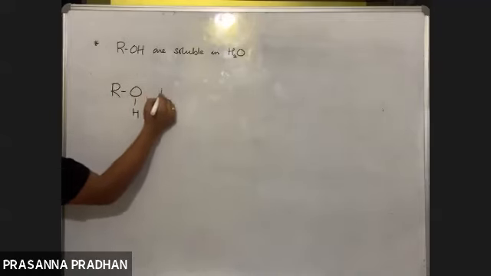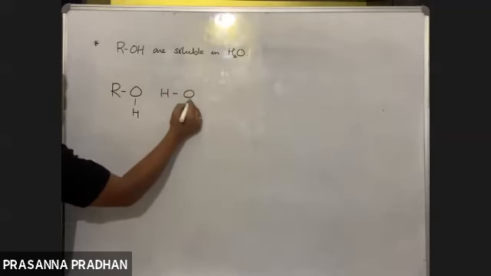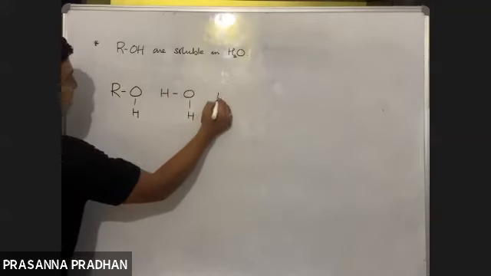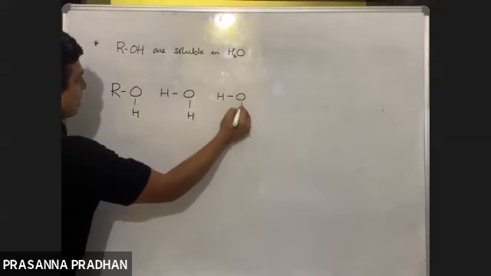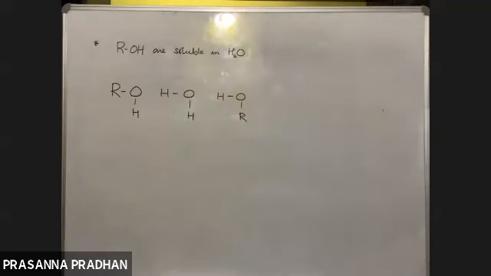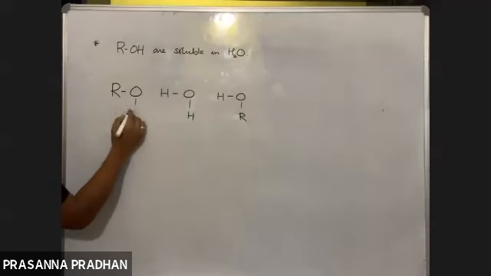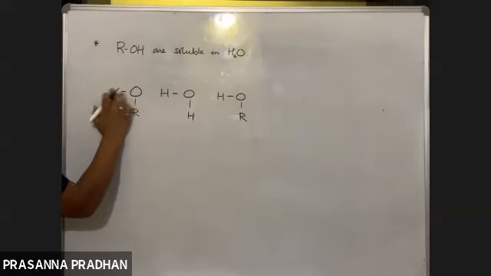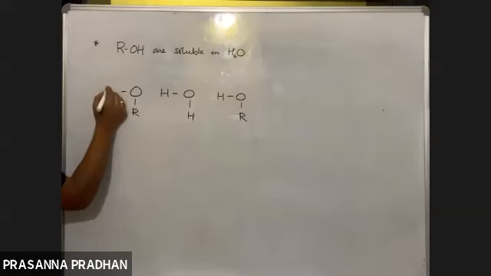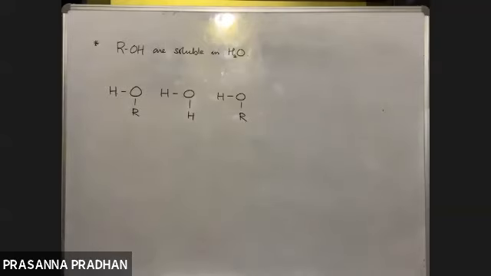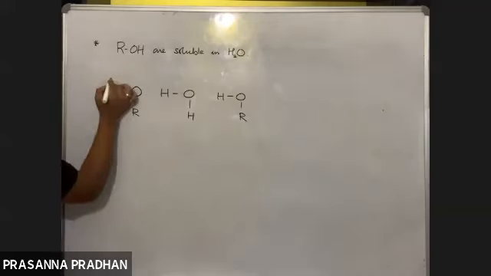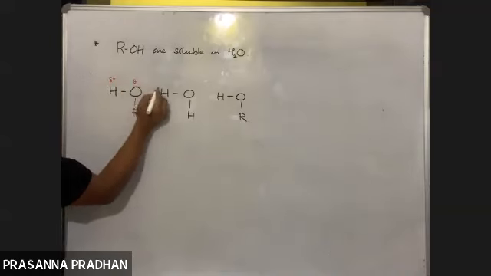So we can write down the structure of alcohol in this way as well. I'll write R, O, H. Now we know because of electronegativity difference, alcohols are also polar in nature.